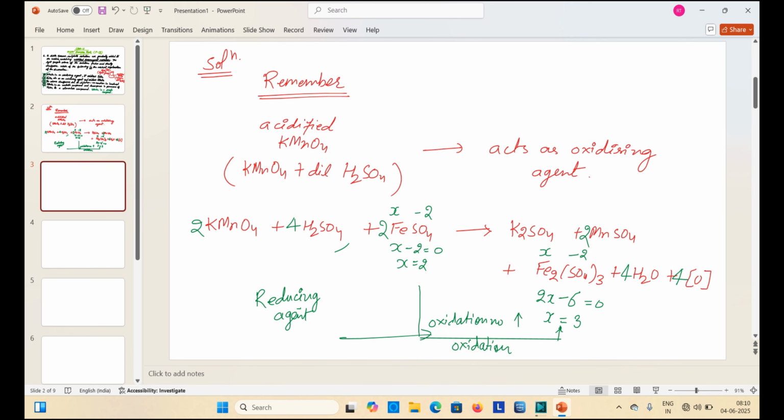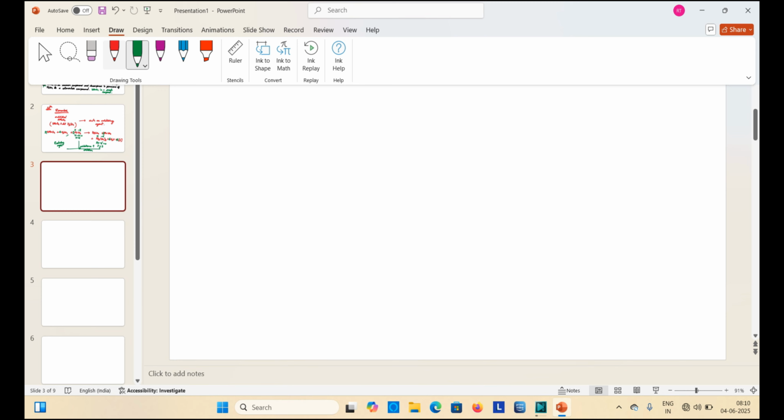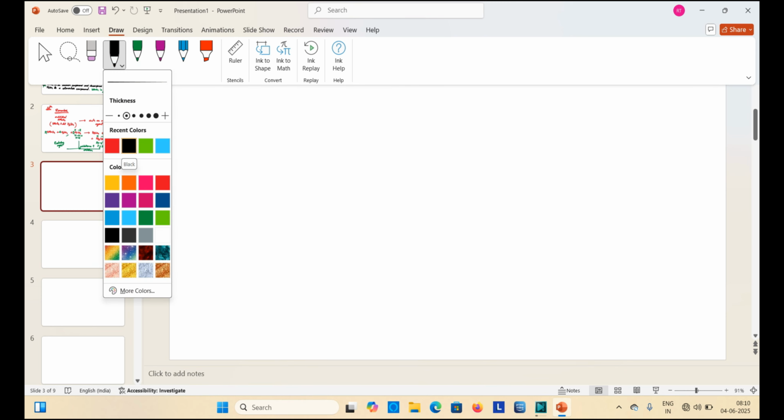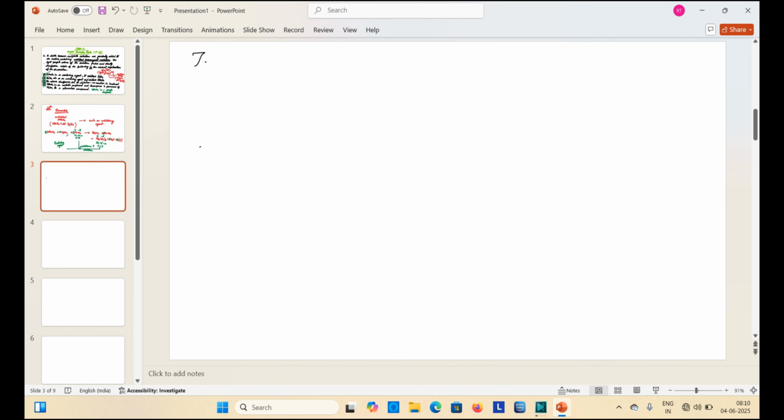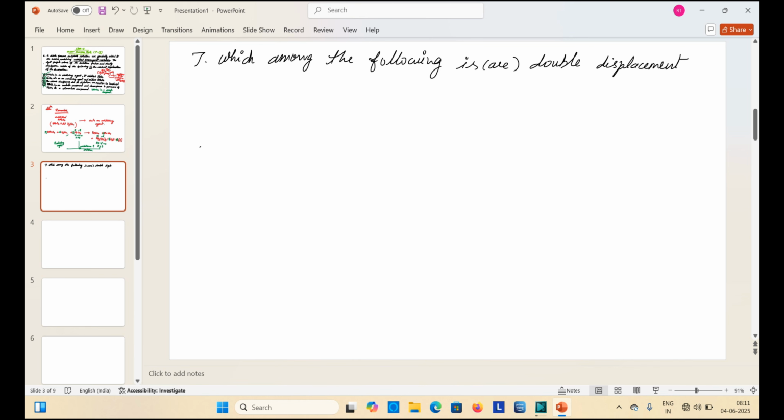Now come to the seventh problem. And the seventh problem is saying to us, which among the following is or are double displacement reactions.